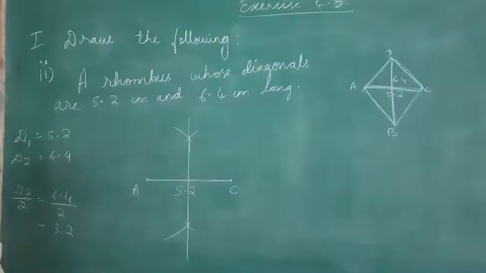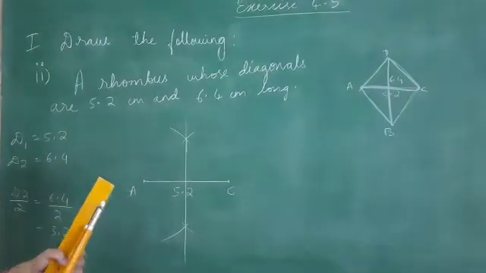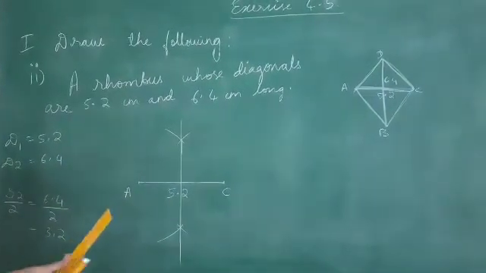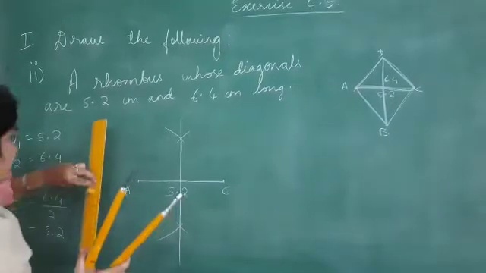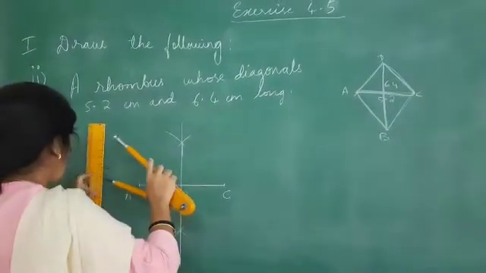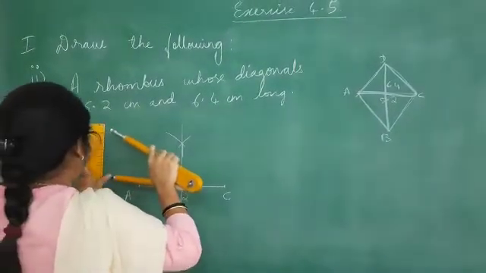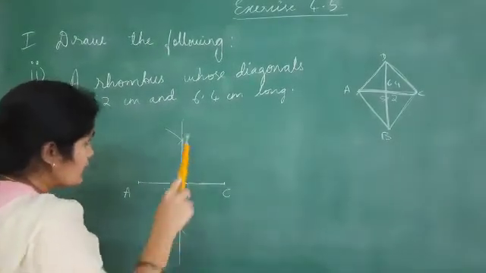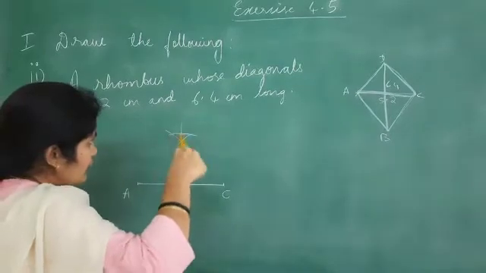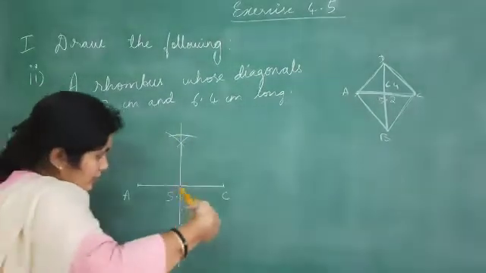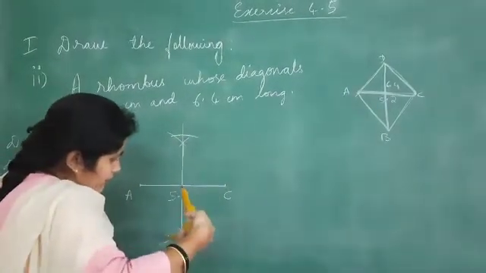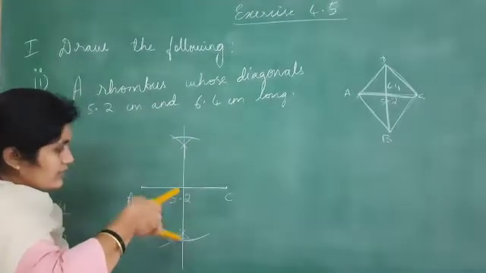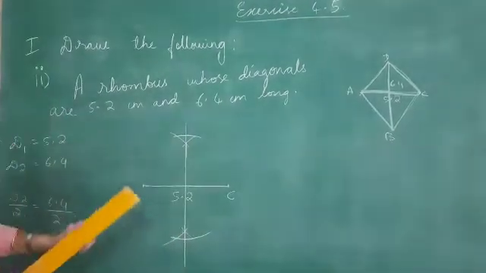Now using your compass and your ruler, take the length 3.2. Keeping this center point as your center, draw one arc up and draw one arc down. This is 3.2 and this is 3.2. Totally it will be 6.4.